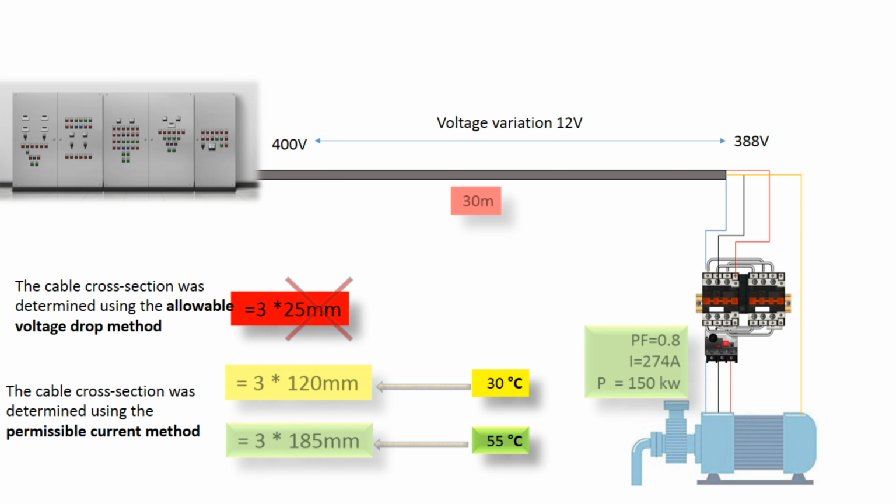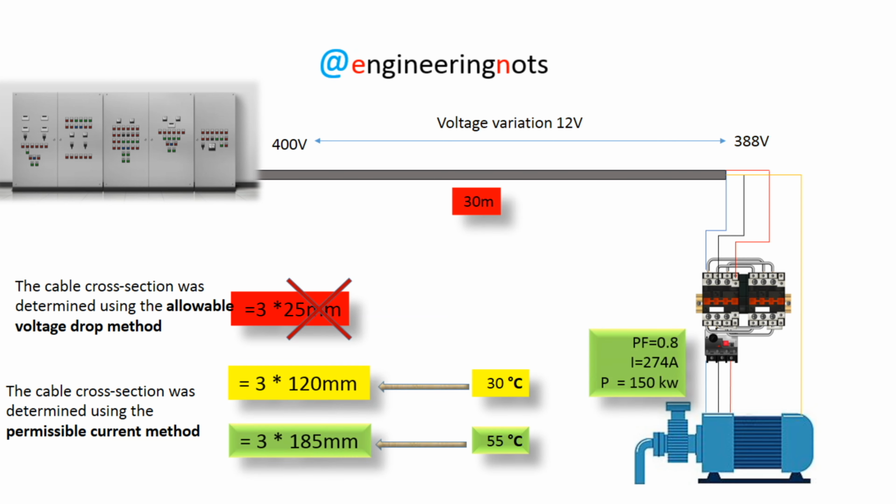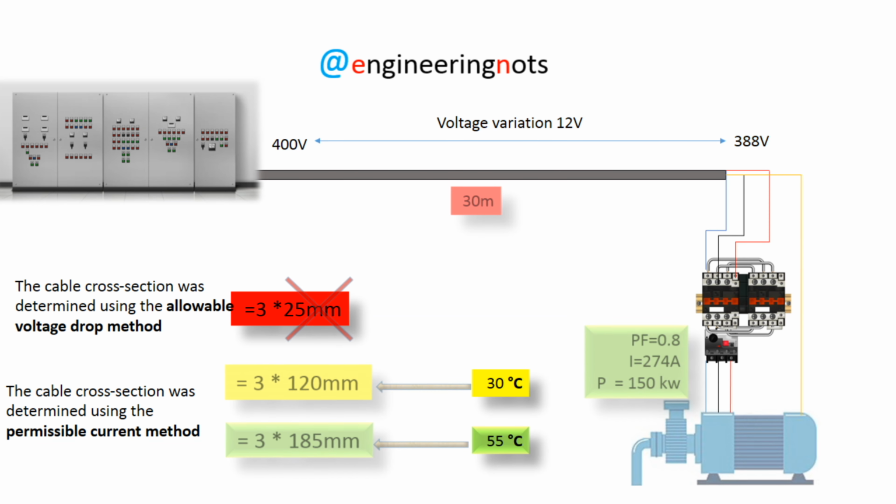We calculated the cable cross-section using two different methods. As you can see, the allowable voltage drop method does not give a correct result for short distances, because a 25 square millimeter cable is not suitable for a current of 274 amperes. So, for short distances, we must use the allowable current method, which means referring to the standard tables.